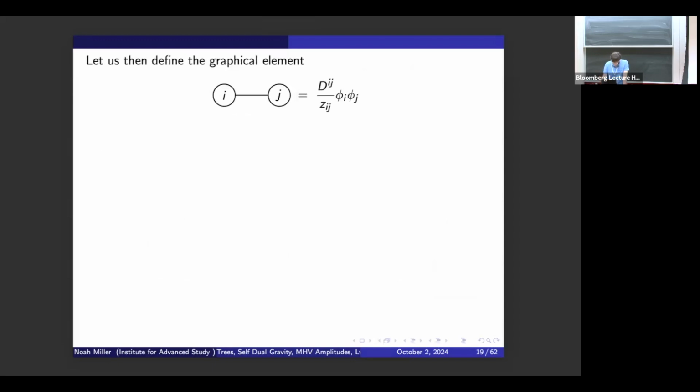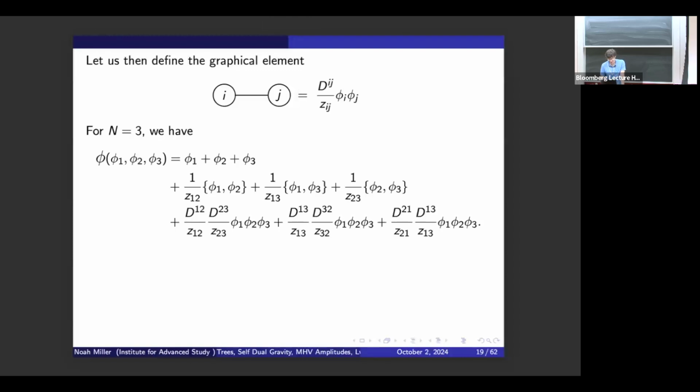So in order to write out these Perturbiner expansions, let's define a graphical element. Here we have a node I connected to a node j, and this corresponds to this Dij over Zij operator acting on these two functions I and j. And for n equals 3, we can rewrite the Perturbiner expansion form.